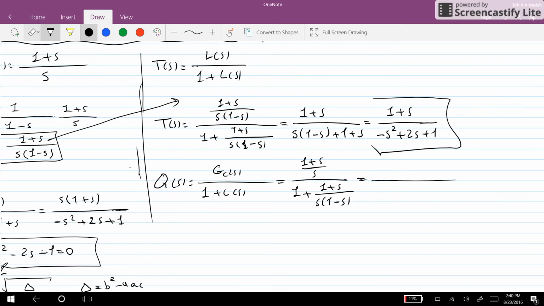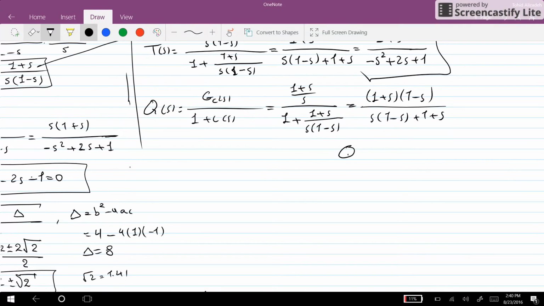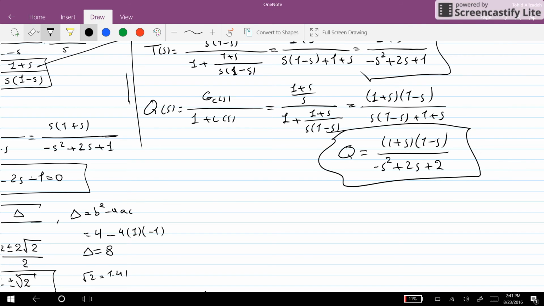So if we simplify it, we will have 1 plus S times 1 minus S, and S times 1 minus S plus 1 plus S at the denominator. So Q will be 1 plus S times 1 minus S over minus S squared plus 2S plus 1, again giving us the same poles of the closed loop system.